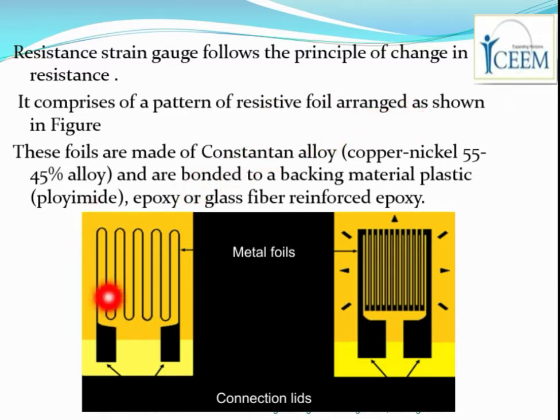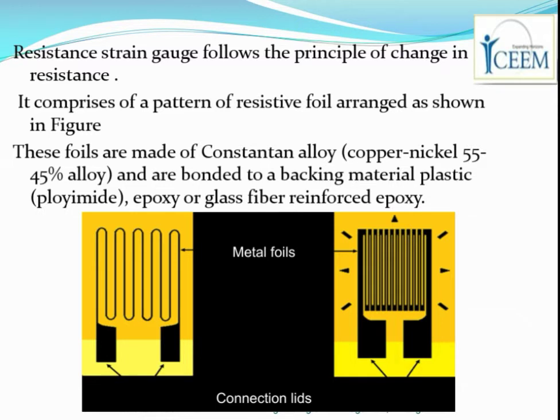These foils are made of constantan alloy, which is nothing but an alloy of copper and nickel, where the content of copper is 55% and nickel is 45%. So these resistive foils are arranged so that they form some pattern.